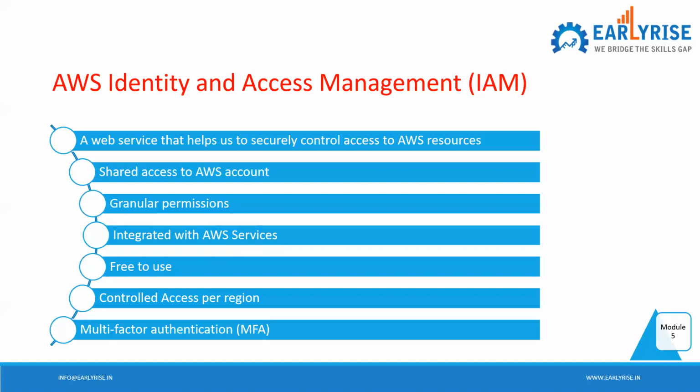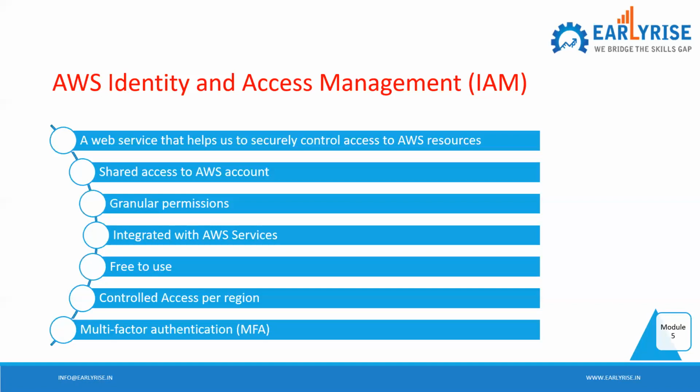This means, for example, you can give complete EC2 access to a system administrator, so that person can do anything with the EC2 instance. He can delete it, terminate it, create it, whatever. To the same person or some other person, we can grant access to an S3 bucket.